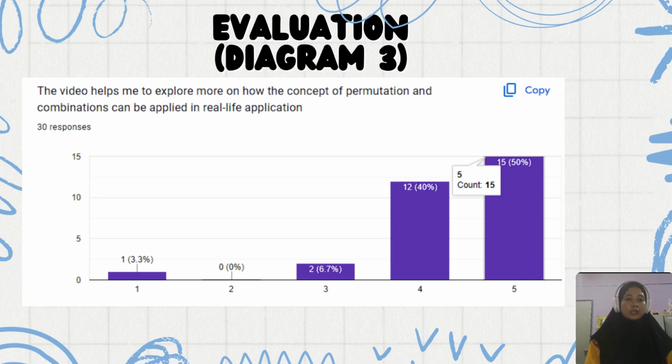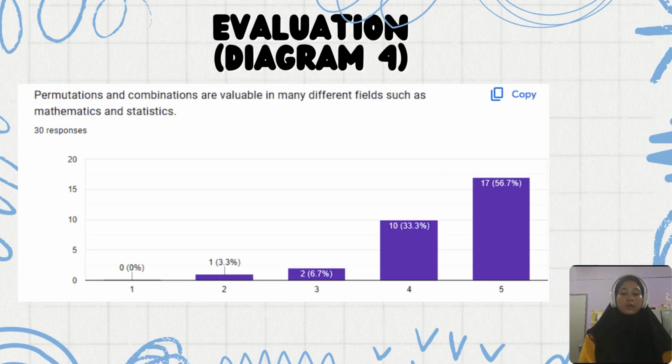Question 3 is about whether permutations and combinations are valuable in many different fields such as mathematics and statistics. Based on diagram 4, 17 out of 30 respondents fully agree that permutations and combinations are valuable in many different fields such as mathematics and statistics, followed by 10 out of 30 respondents.